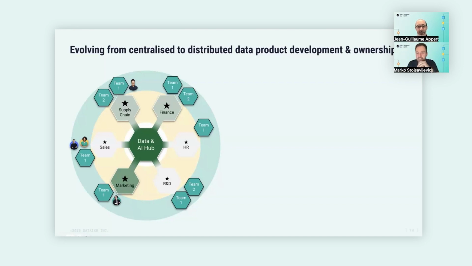Now, there could be many names for that, but let's think of that as the central entity who are responsible for working generally with data and producing most of the output centrally in an organization. You then have many other peripheral teams, which in this case are functional: supply chain teams, sales teams, HR, marketing, all of the different teams who have different needs and wants. And then you have teams around the edge or individuals who just want to get their hands on data as well. So these are the few layers of an operating model.